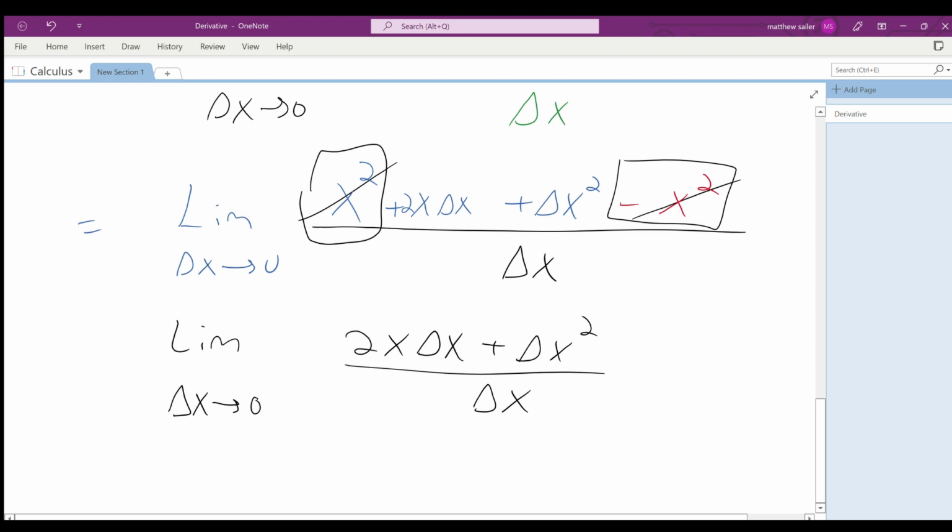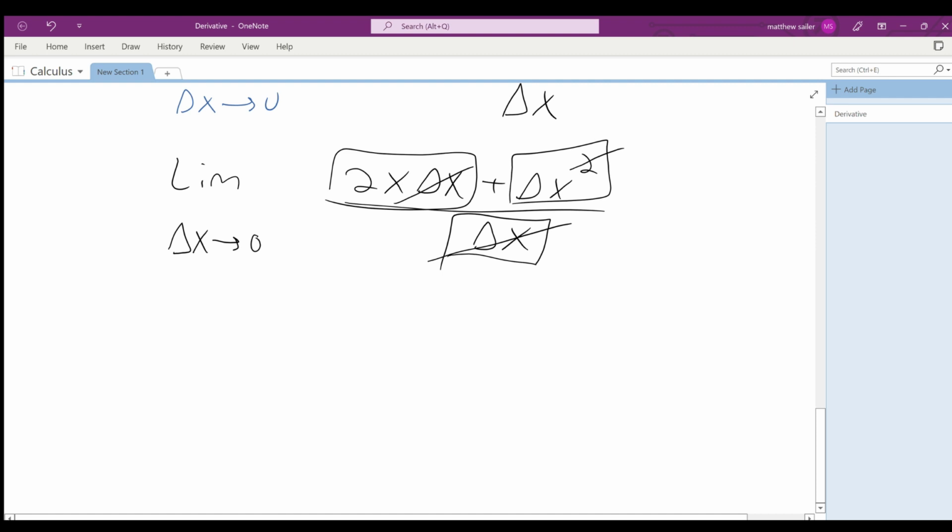Now we can cancel the delta x in the bottom because both pieces on top have a delta x. Only one of these will cancel because this is squared. And we are left with the limit as delta x approaches 0 of 2x plus delta x.